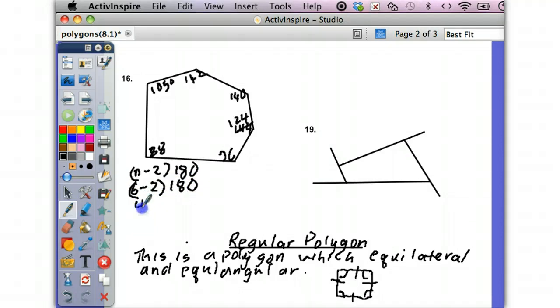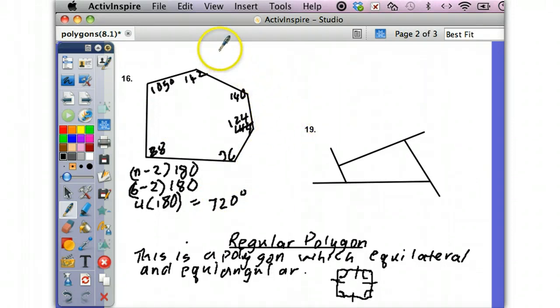So it's going to be 4 times 180. This will give me the sum of all the angles in here. 4 times 180 is 720 degrees total in here. And now, how am I going to find the X? Add all of this and subtract from 720.